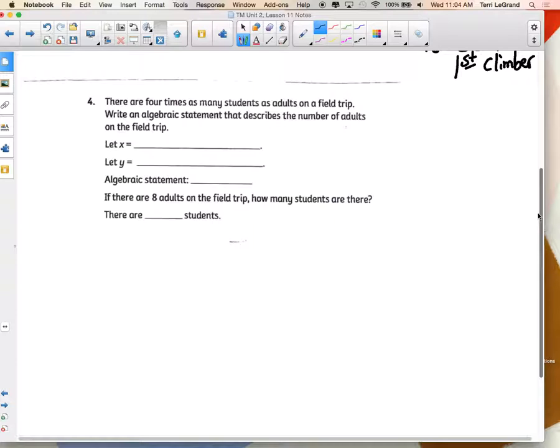Okay, then let me see if you can figure out the comparison between students and adults in this classroom. What's the comparison of students to adults in this classroom? There's 15 of you, by the way, I'll help you out there. 15 to 3. Okay, tell me what that means.